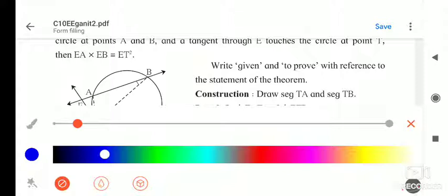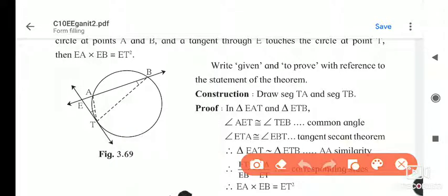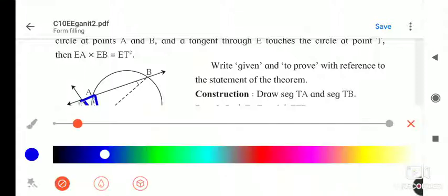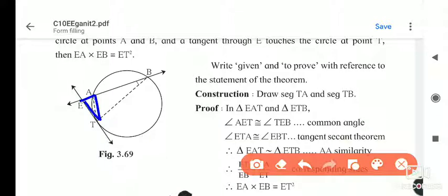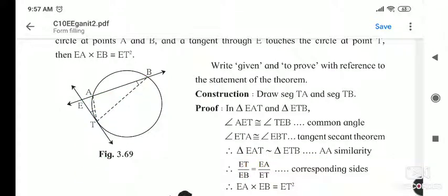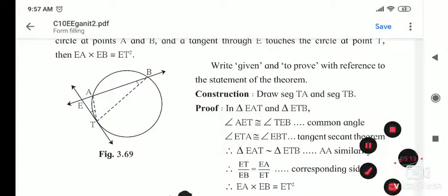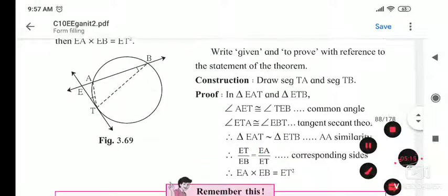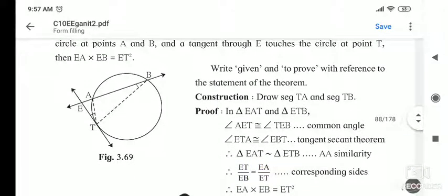The first triangle is EAT, and the other triangle is ETB. Here are these two triangles. Now if we show these two triangles similar to each other, then we can prove our result very easily.